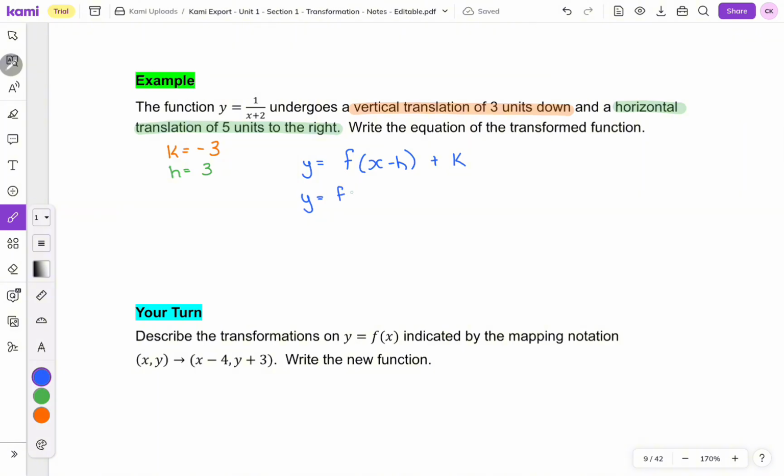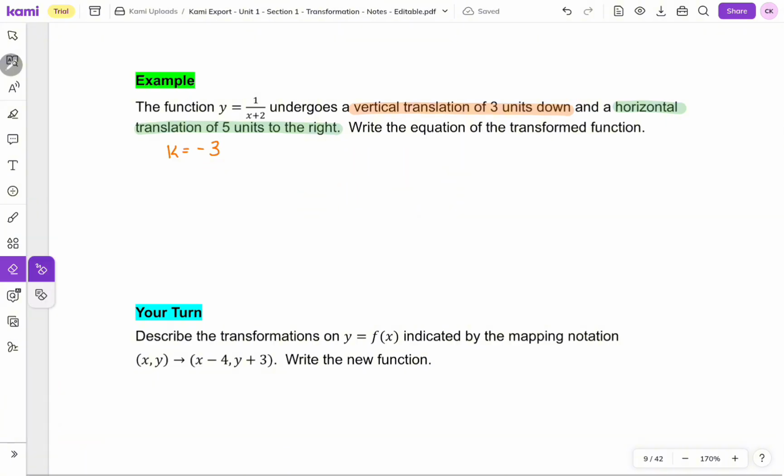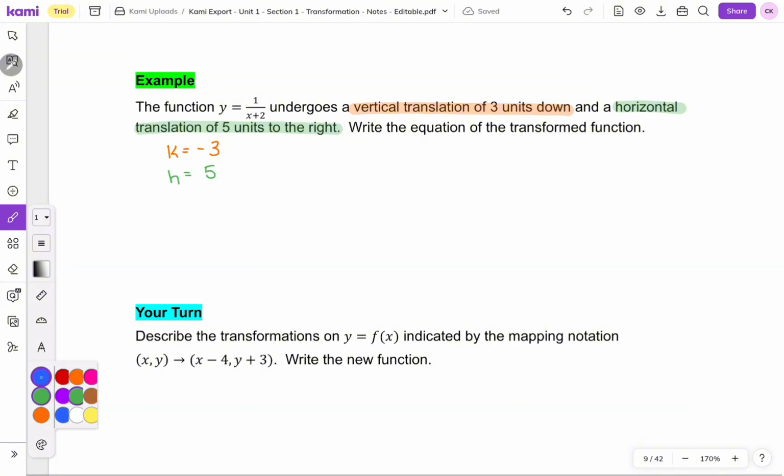So y equals f of x minus 3, and then we have to minus 3. That is not right. k equals -3. And we know that h equals 5.